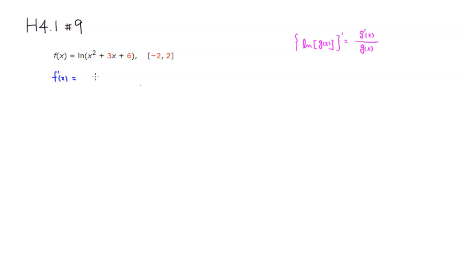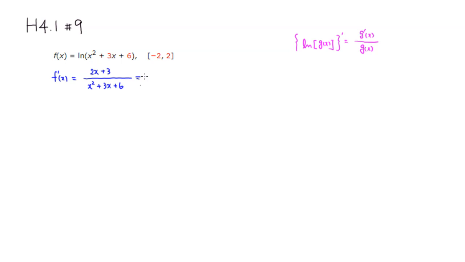So in this case, we have x squared plus 3x plus 6 in the denominator, and we take the derivative of that and put it on top. The derivative of x squared is 2x, the derivative of 3x is 3, and the derivative of 6 is 0. So we have that.